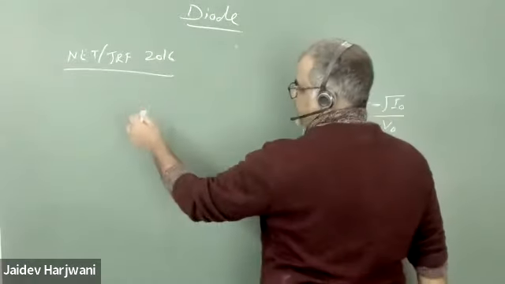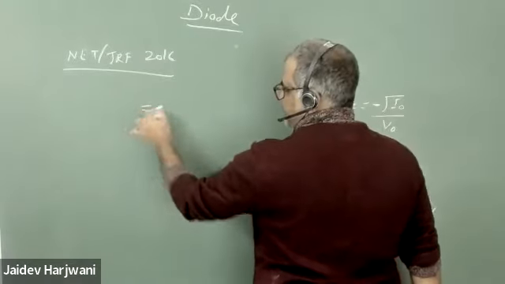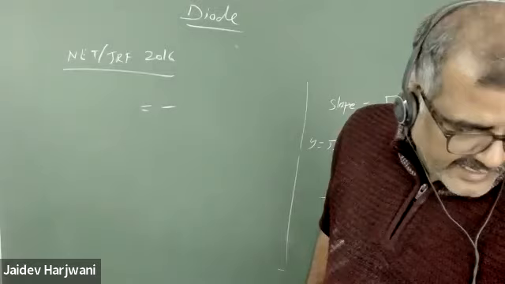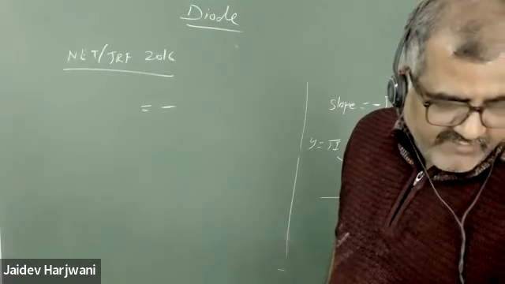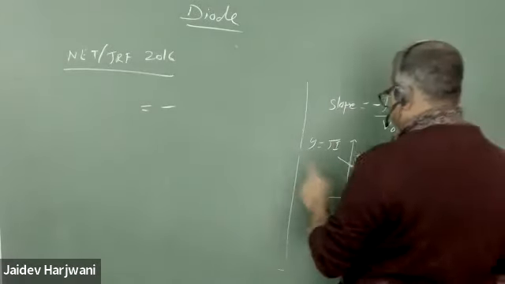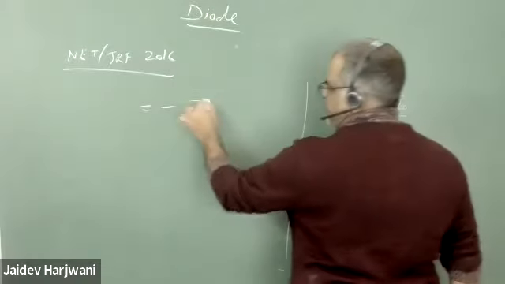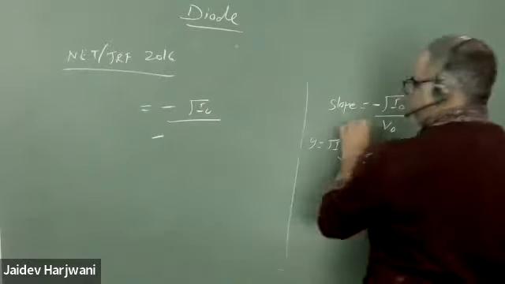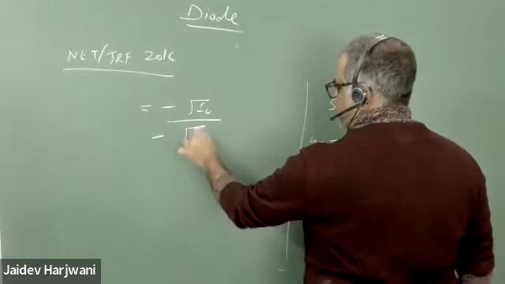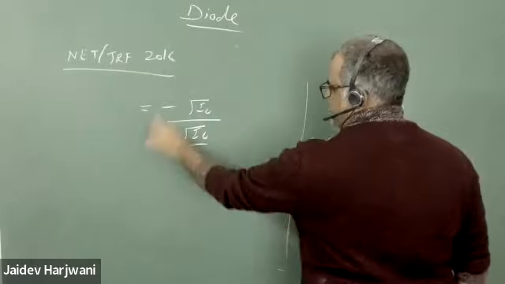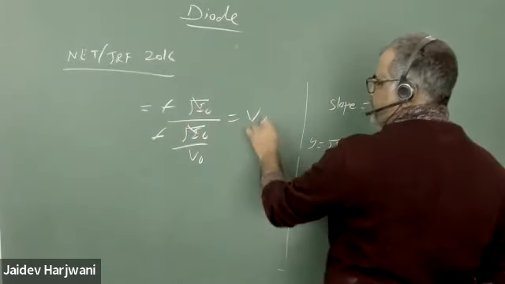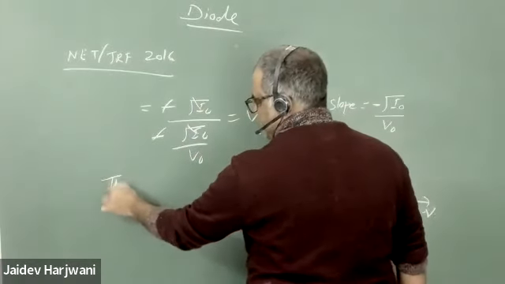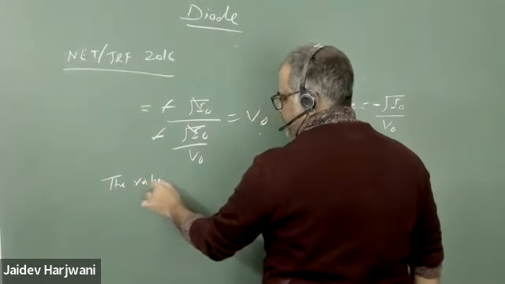You take the negative of the ratio of the y intercept, root I naught, upon the slope, which is minus I naught upon V naught. The minus cancels and this becomes V naught.